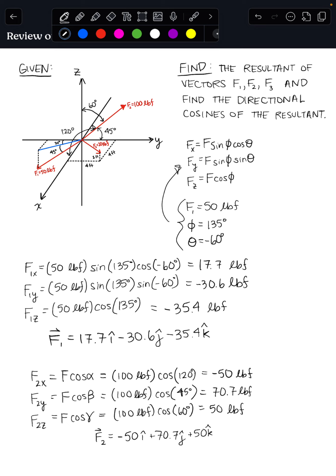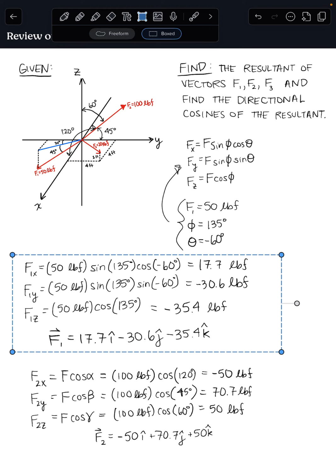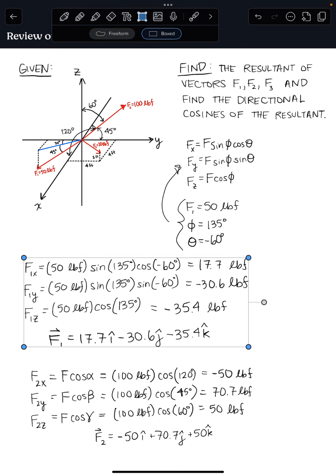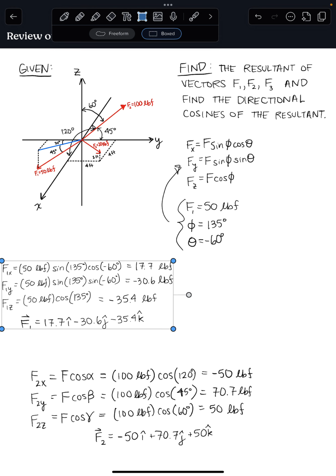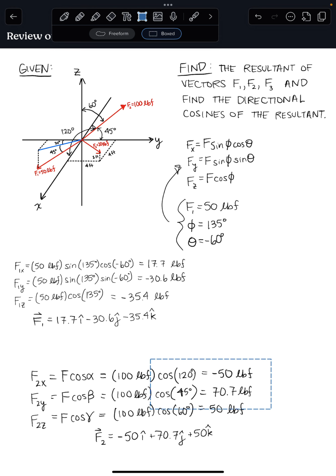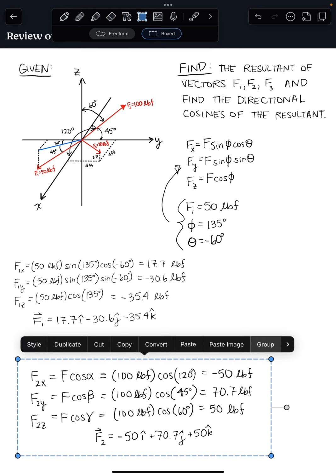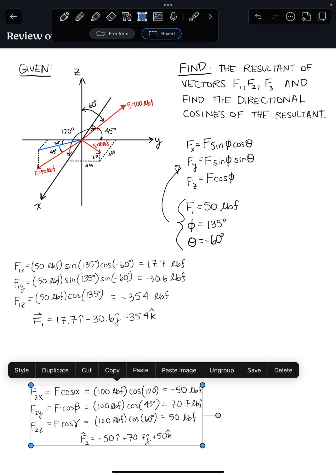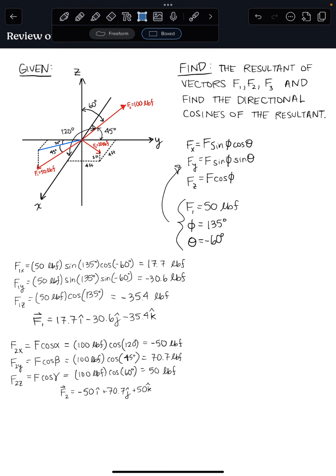All right, so we've just got one more vector left, and let me make some of this smaller to make some room. Okay, and we'll do it over here.